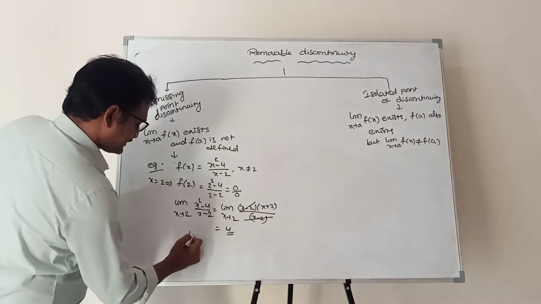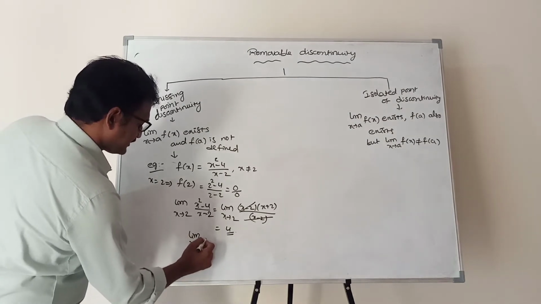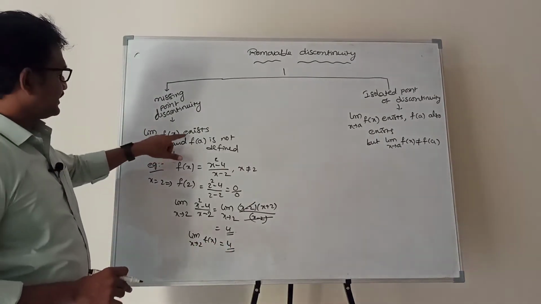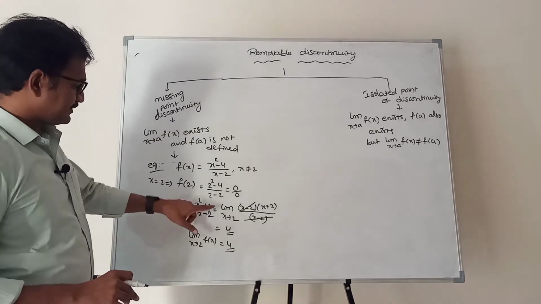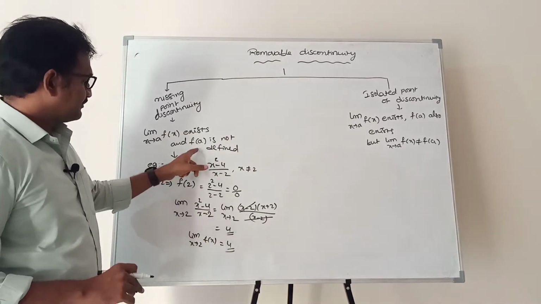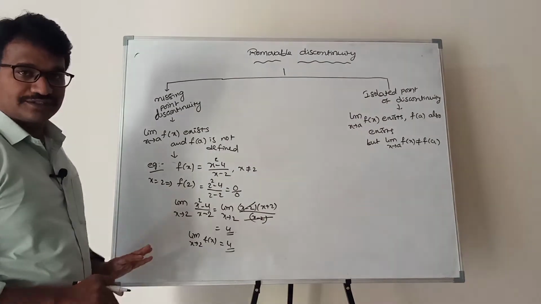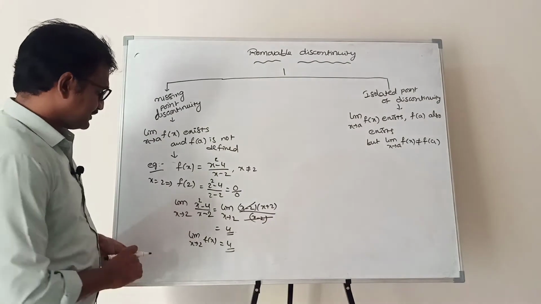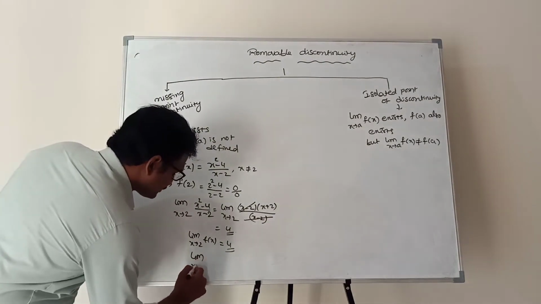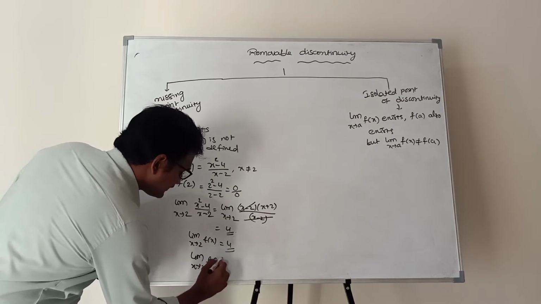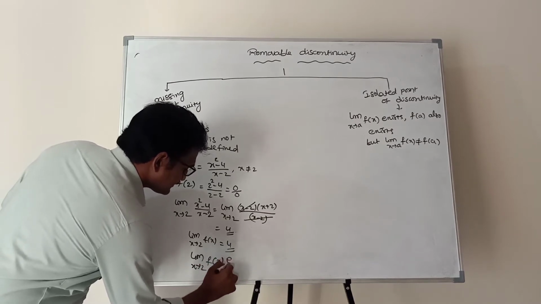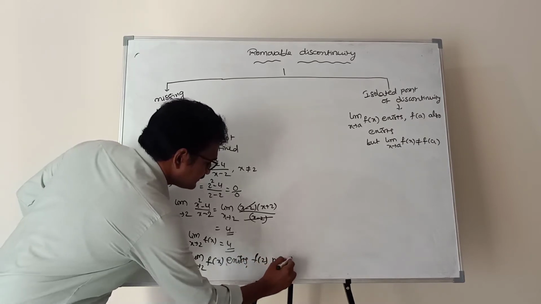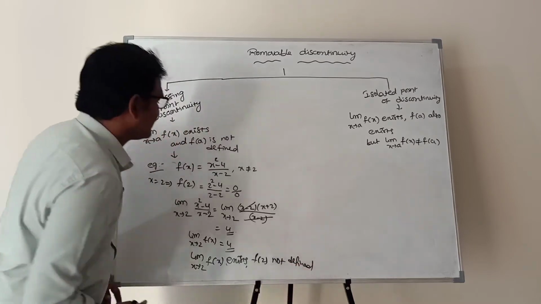So limit x tends to 2 of f of x exists and equals 4. What is f of 2? It is not defined.